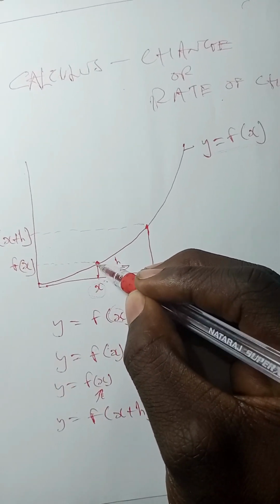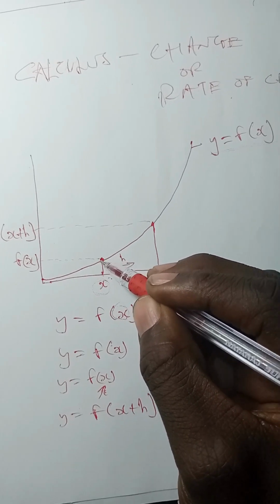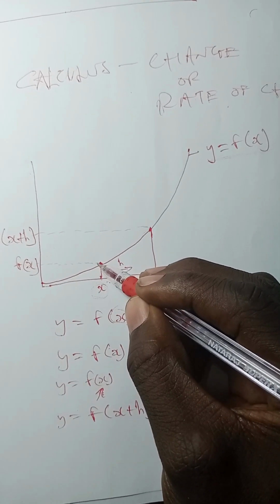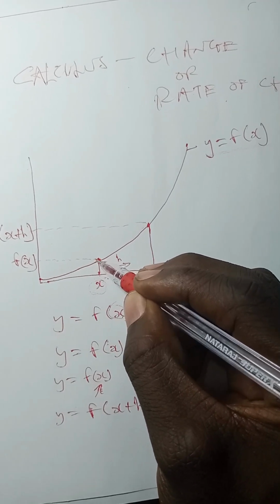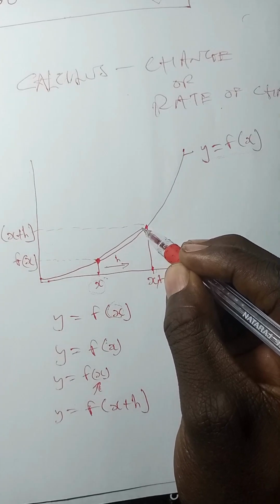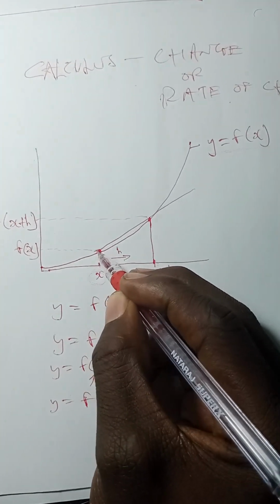Now suppose we want to find the gradient. When finding the gradient we have to find 2 points on the curve, meaning we need to draw a line. So we can draw a line on this particular curve.